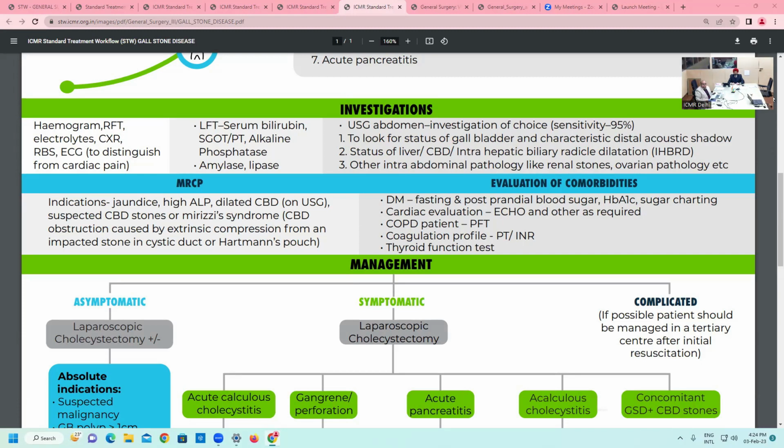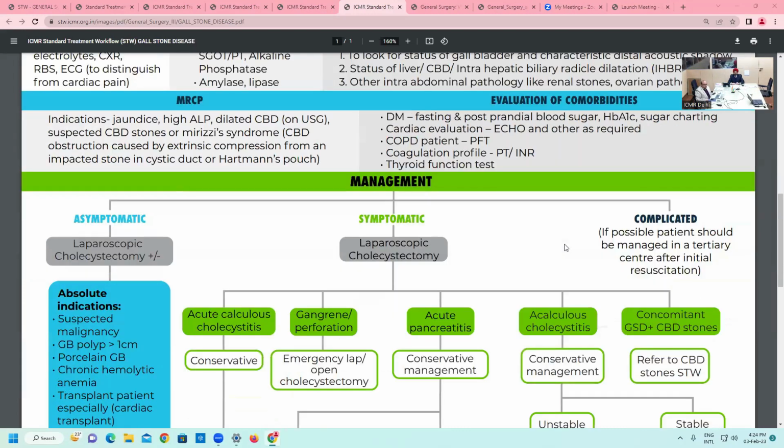Now, once the patient is decided for surgery, there are certain comorbidities which need to be taken into consideration, because the patient may be diabetic, may be elderly, or may have some cardiac involvement. So for them, we need to do the sugar profile and glycosylated hemoglobin, and in cardiac patients, in some cases, we might need an echocardiogram.